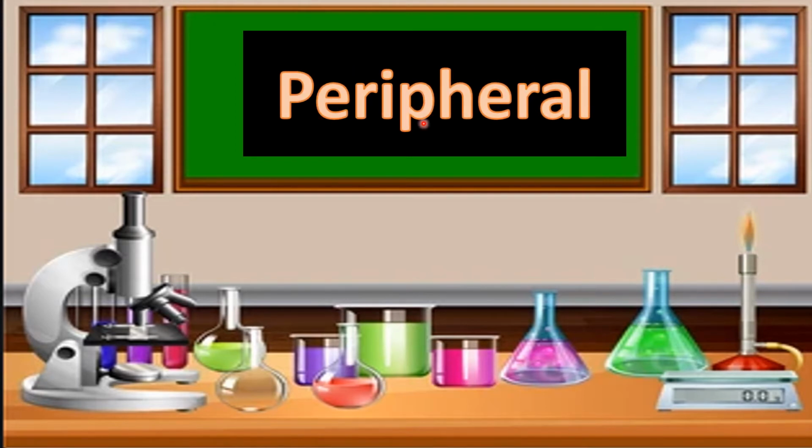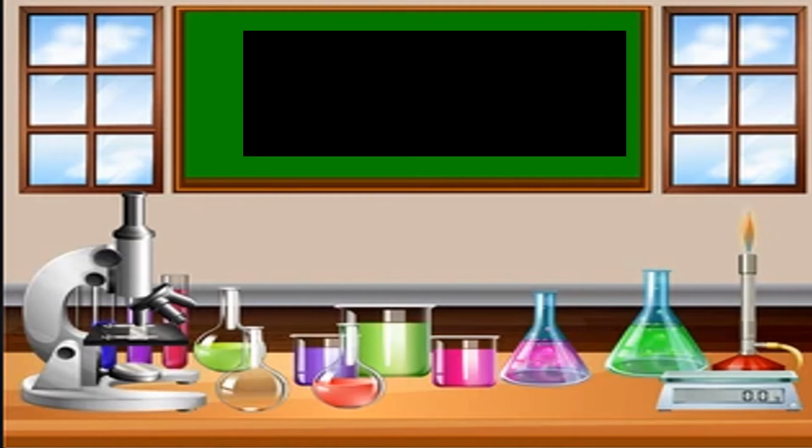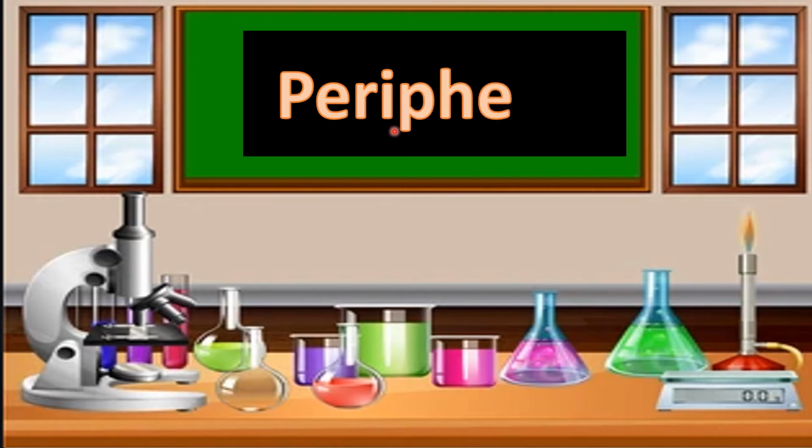Another word is peripheral. Peripheral. Let's spell peripheral. Letter P, E, R, I, P, H, E, R, A, L. Peripheral.